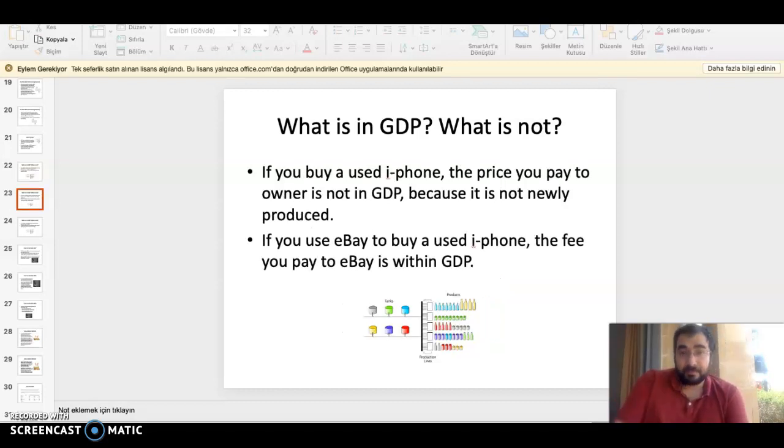The other thing is that second-hand products that are bought and sold are not part of the GDP. So if I have an iPhone that is already bought, and I sell that iPhone, it is not part of the GDP because it was already produced and sold to me before.